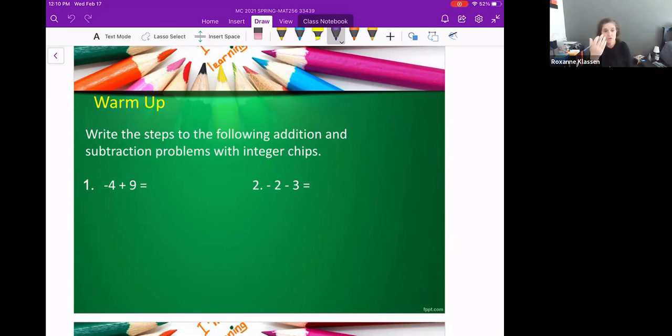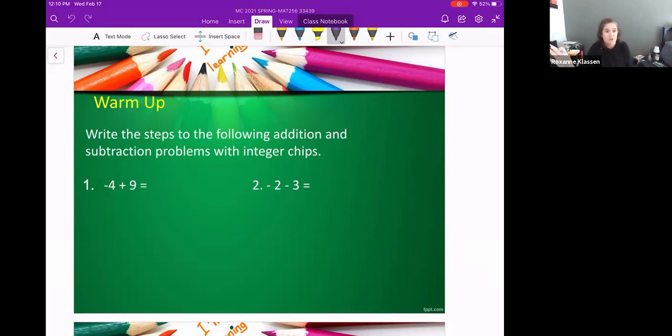So if you're preparing this for your final exam, you would write down in words, step 1, model the minuend. And then you would have a picture with 2 negative chips. Then step 2, you would say, I need to take away 3 positive chips, but I don't have any. So I'm going to add 0 pairs.